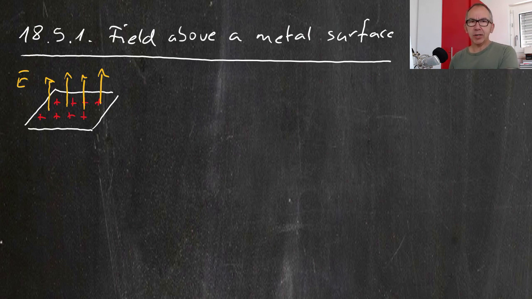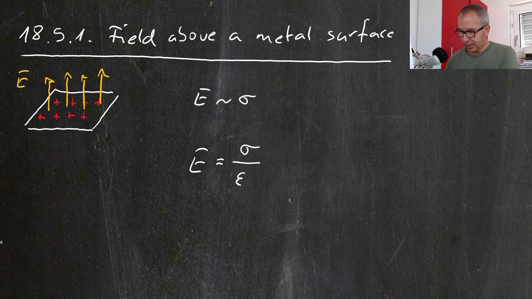And it is quite clear the field will be the stronger the more charges we have. So we can just say that the electric field has to be proportional to our sigma. The definition was made just like that, but they had to choose for some constants, and therefore the electric field is given as sigma divided by the epsilon 0 that we have encountered in Coulomb's law already.